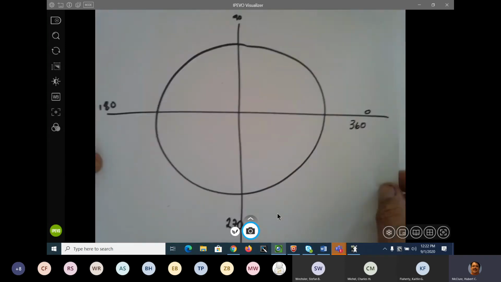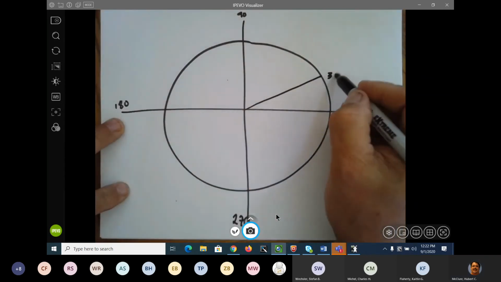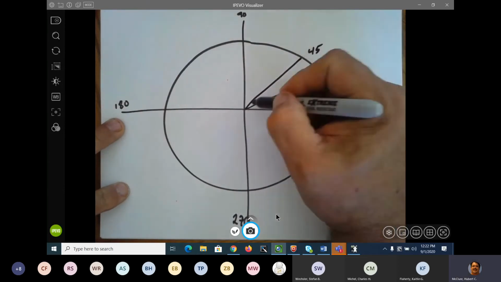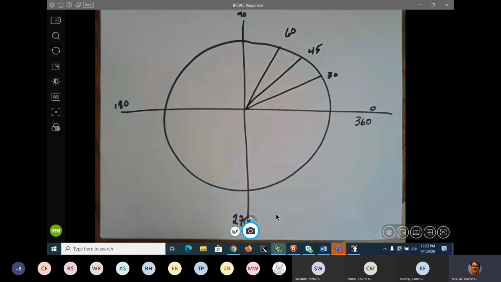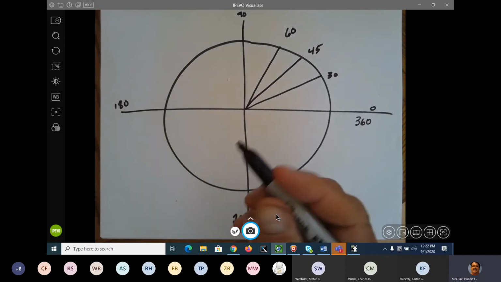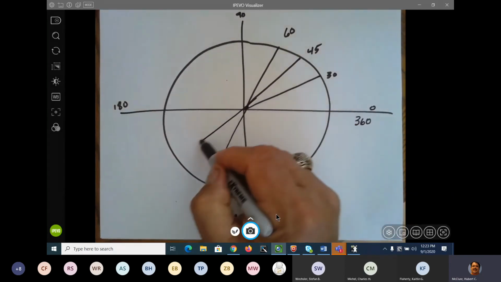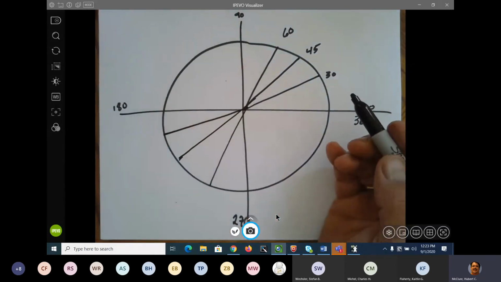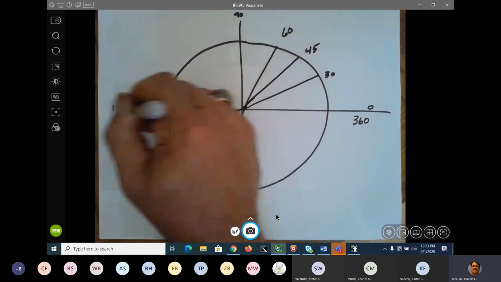Well, now that you got the three angles, 30, 45, and 60, now you can fill out your unit circle. How do you do that? Well, draw, if you want to, draw 3 lines this way that extend. Okay, now let's fill this side out. Well, what is 30 degrees plus 180?